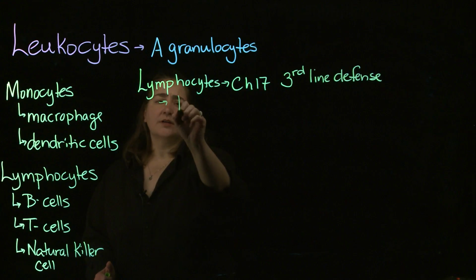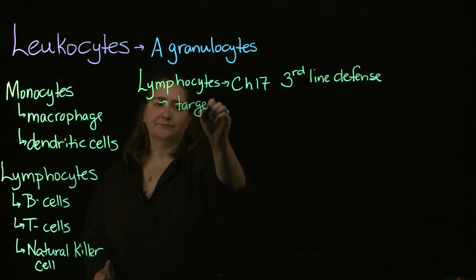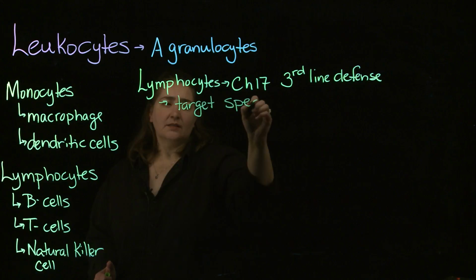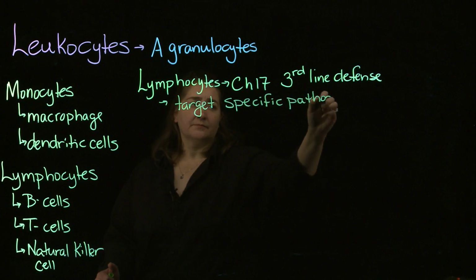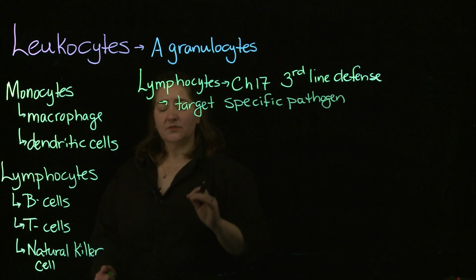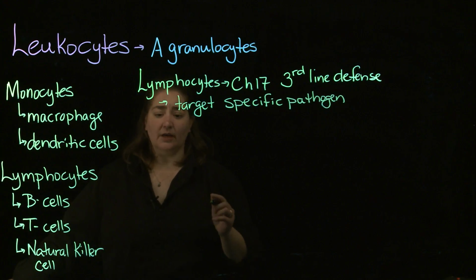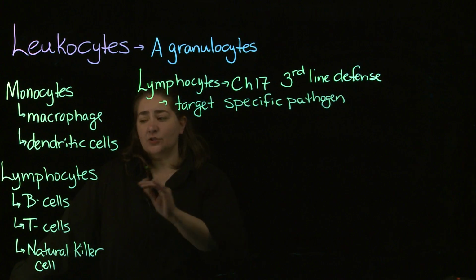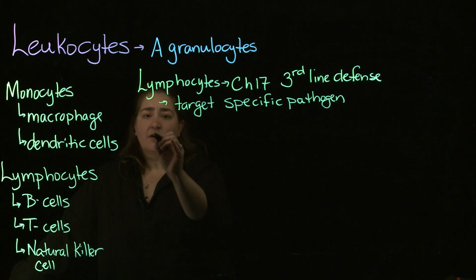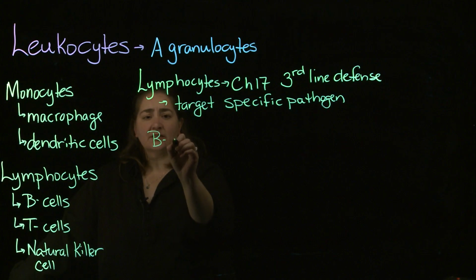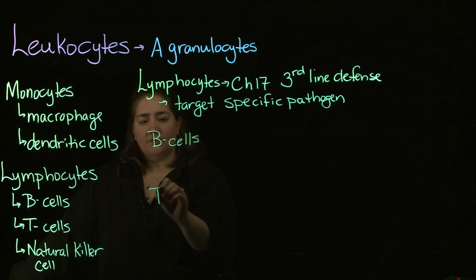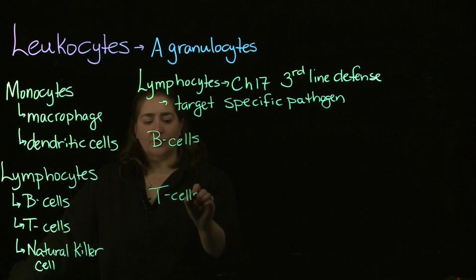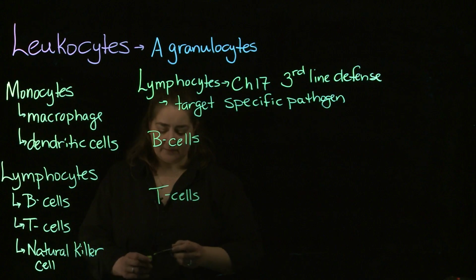So these are going to target specific pathogens. And in terms of our lymphocytes, we can have two types that we'll talk about. We've got B lymphocytes, or B cells, and we've got T lymphocytes, or T cells.